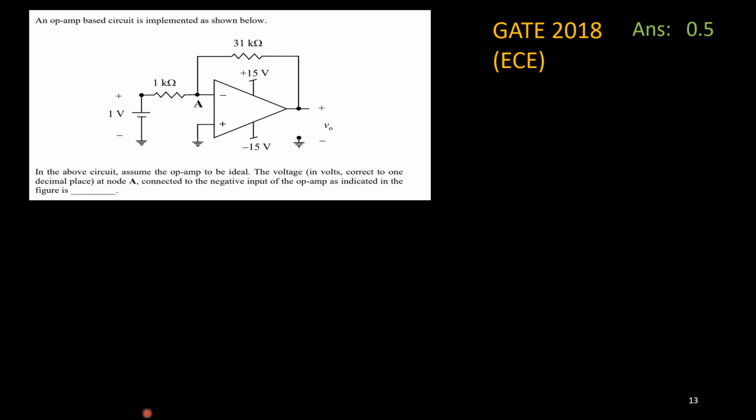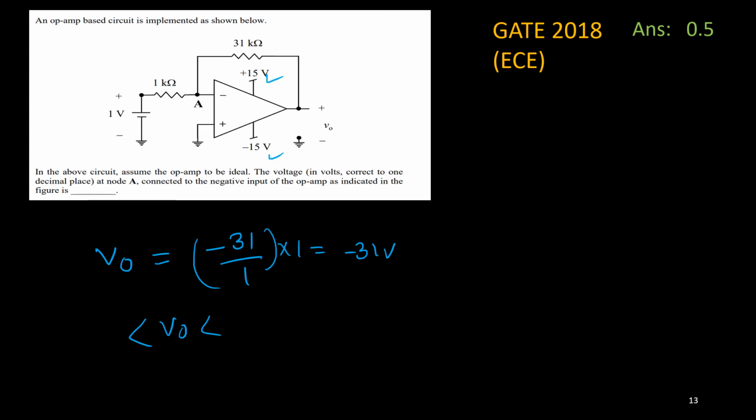So what is the output voltage with that assumption? V0 will be minus, gain is RF by R1, minus 31 by 1 times 1. What is that? Minus 31 volt. So it is out of this range because V0 should be within, given that plus 15 minus 15.